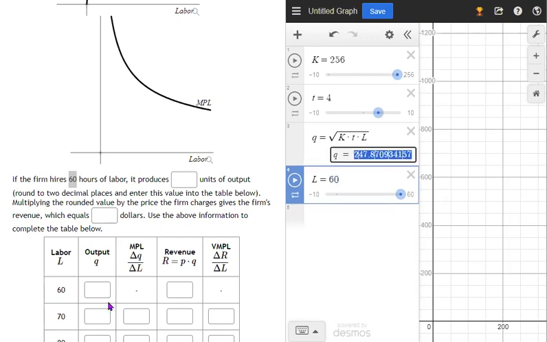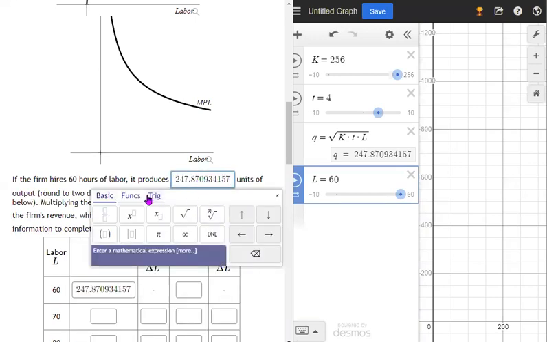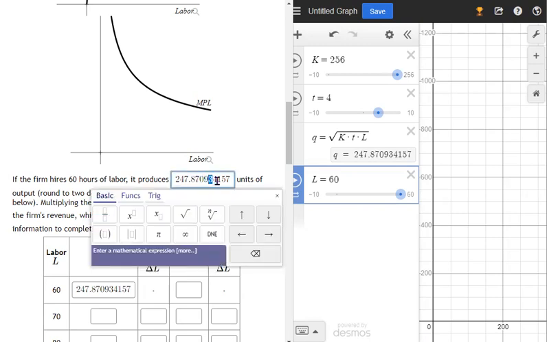And we want to round it to 2 decimal places. In order to round it to 2 decimal places, I'm going to look at the second and third decimals. Because the second number is 0 and the third number is 0 in the decimal, that 7 stays at 7.